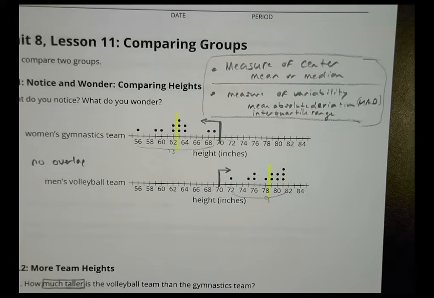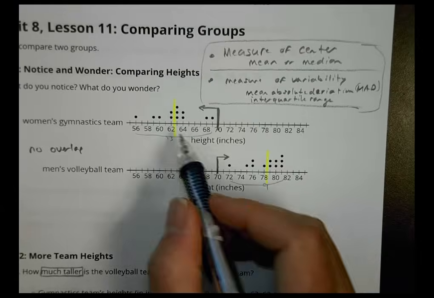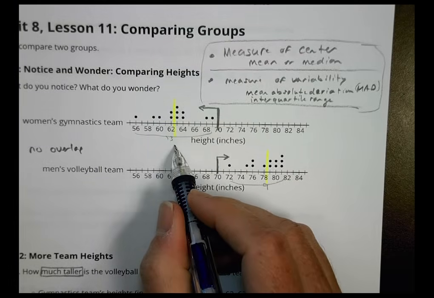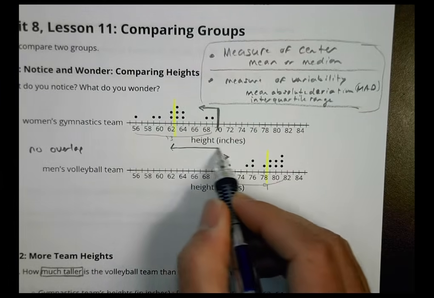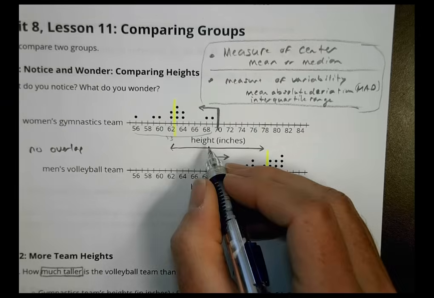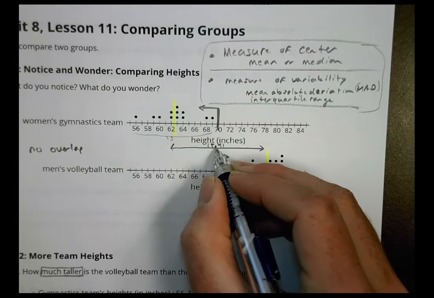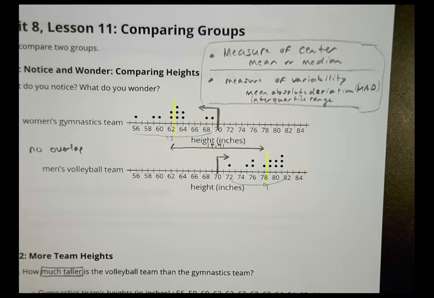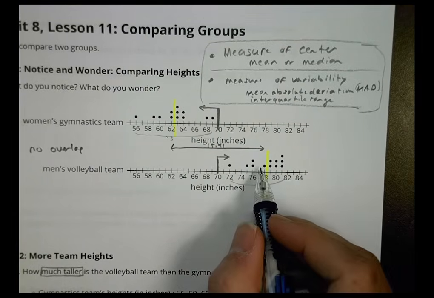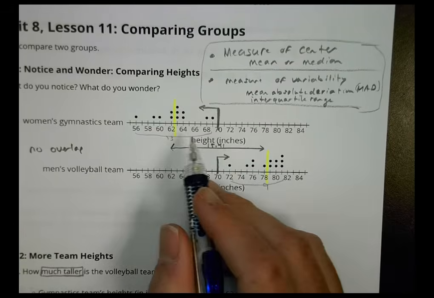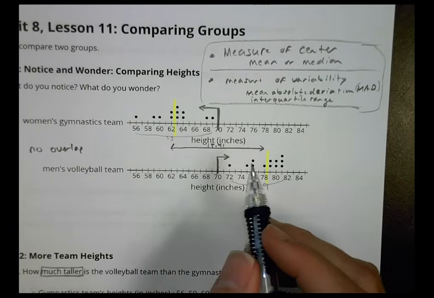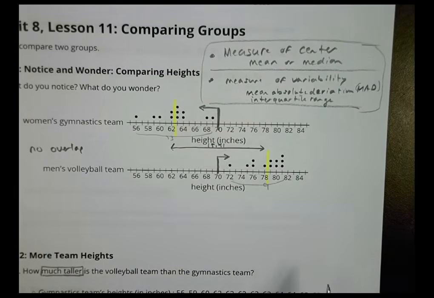The difference between the two averages, between here and here, is 15.41. That's quite a range, right? So definitely the volleyball players on average are taller than the women's gymnastics team on average, by about 15.41.